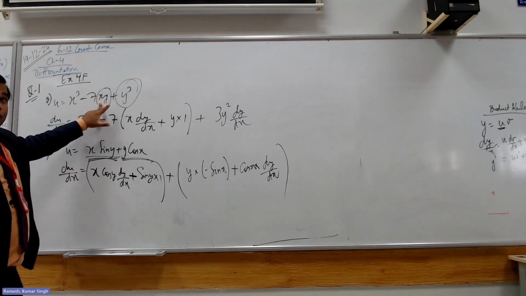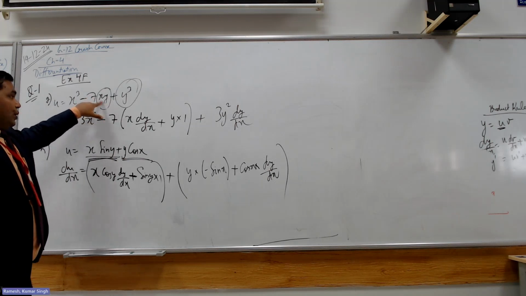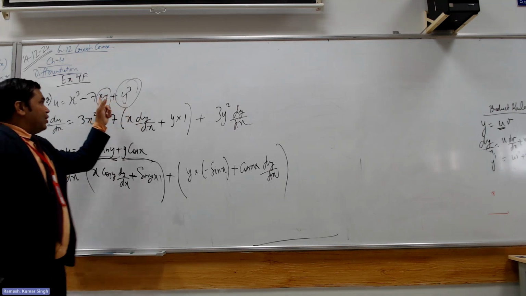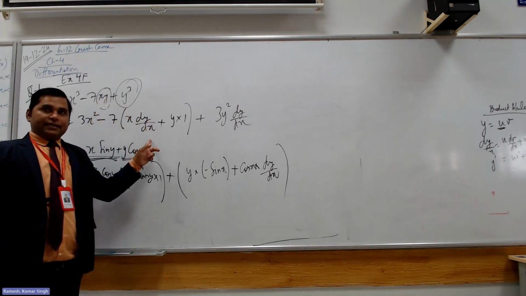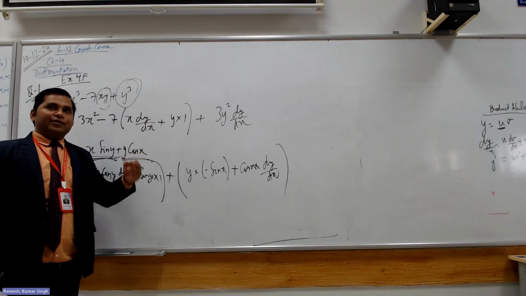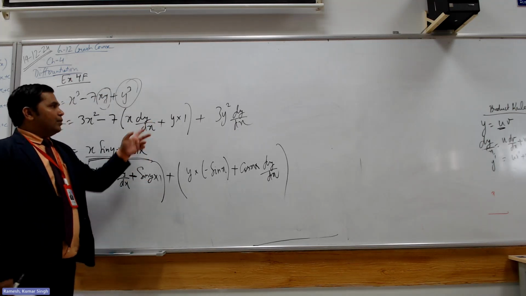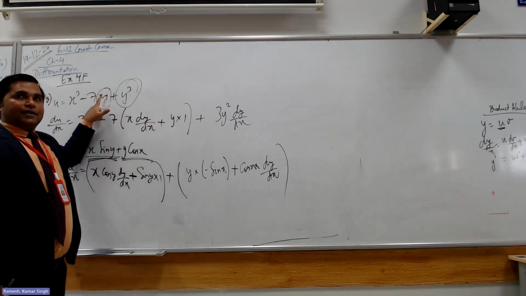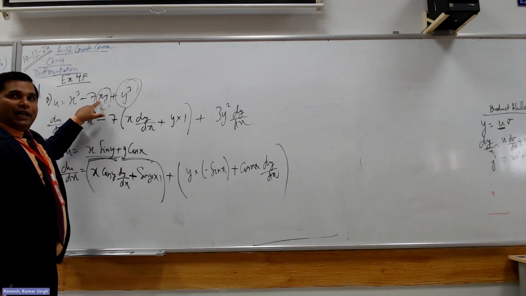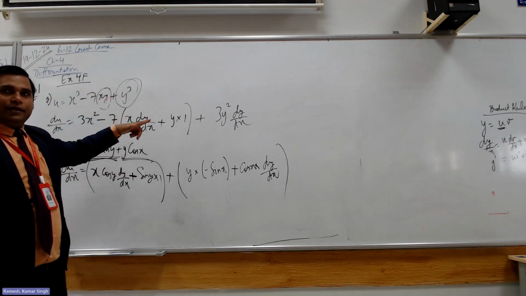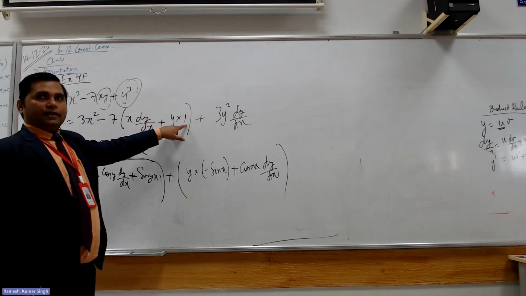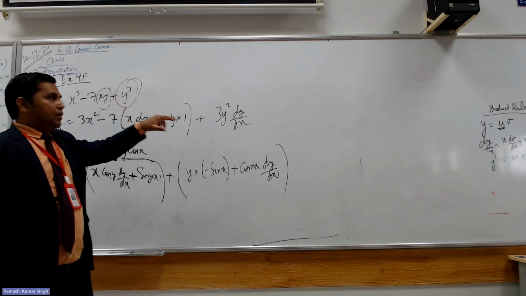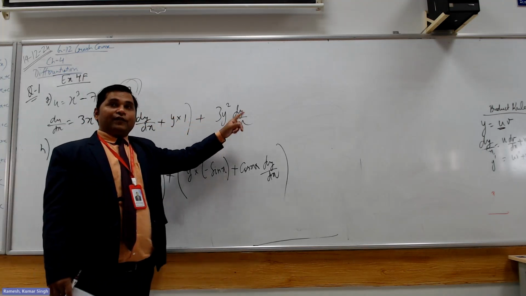We're going to use the product rule: x times v dash, and the differentiation of y in terms of x is dy over dx. Plus v u dash, so y times the differentiation of x, which is 1. Clear? Okay. Now, the differentiation of y cubed is 3y squared, as we are differentiating in terms of x.